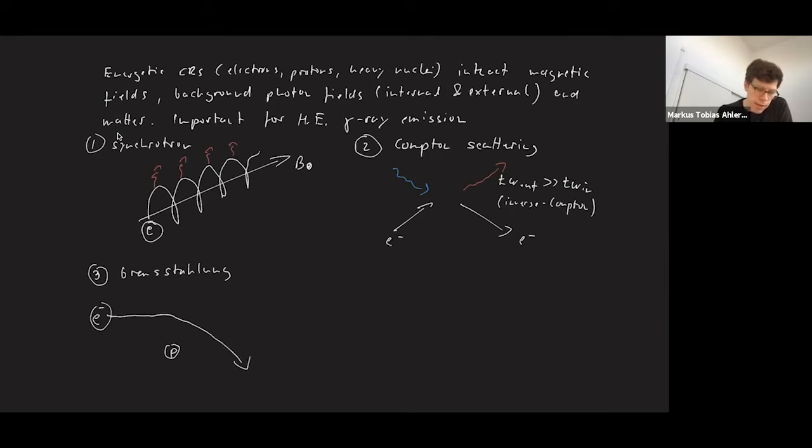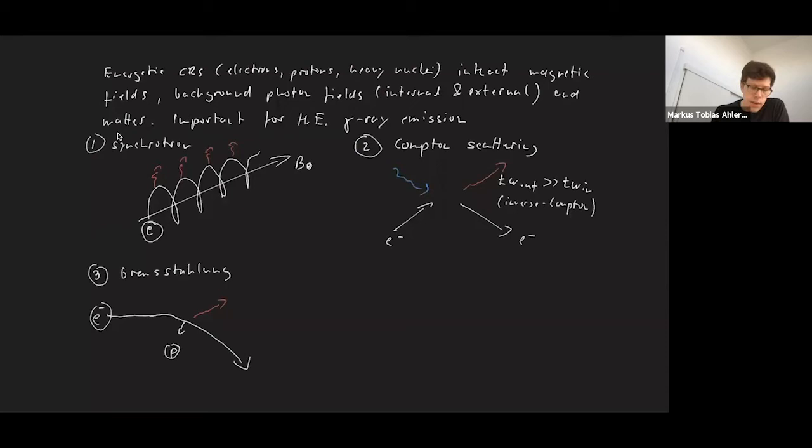And as the electron is accelerated towards the direction of the proton, it will also radiate. And this radiated energy, depending on the energy of the incoming electron, will also be high enough that you can observe this in terms of gamma radiation.